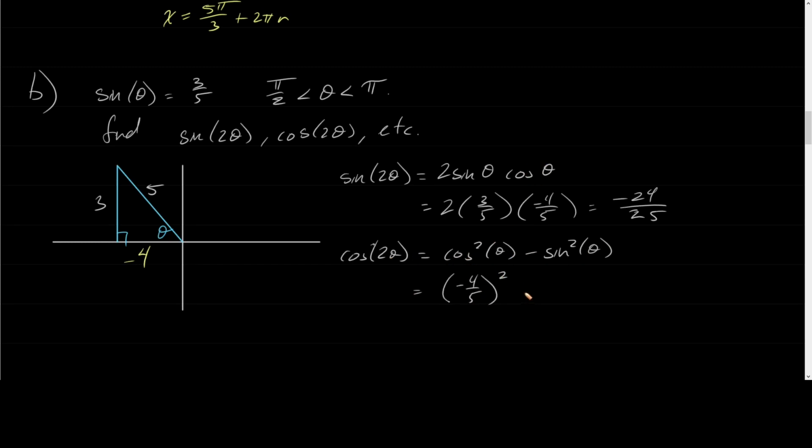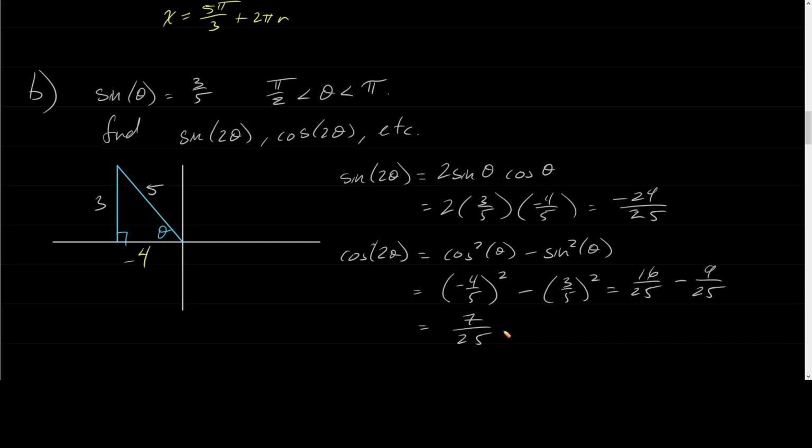So we have negative 4/5 squared minus sine squared, and here sine was 3/5. So I've got 3/5 squared. Giving us here, negative 4/5 squared is 16/25 minus 3/5 squared is 9/25, giving me an overall answer of 7/25, right? Because 16 minus 9 is 7.